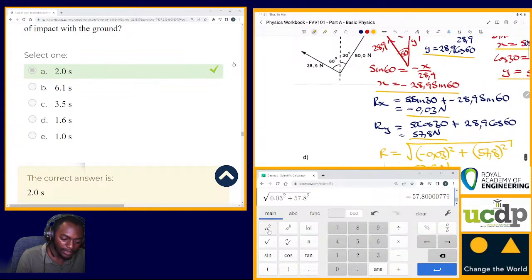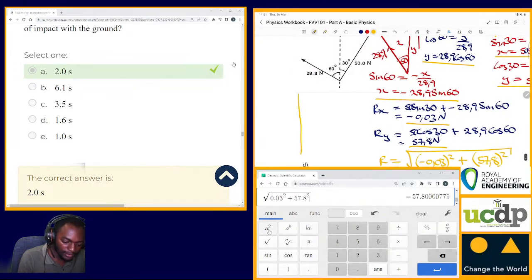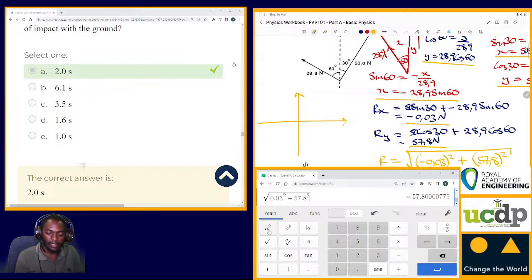Now, since we want the angle, check on which quadrant. Our x is negative, so we should be here, and our y is positive, so we should be there. So that becomes that, and we can look for this angle like that.